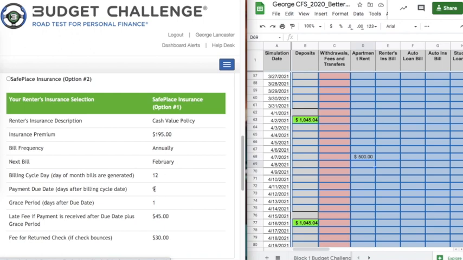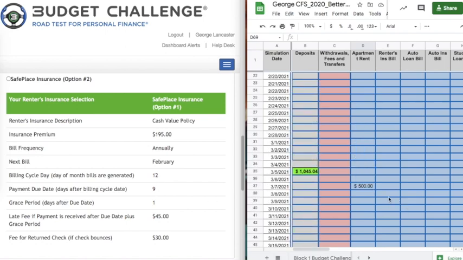It's due 9 days later. But it's an annual bill, so I'm only going to put it on my spreadsheet one time. I have to find the month it's due, the day it's due, how much time I have to pay, and put that in there. So if it's billed February 12th, due 9 days later, 12 plus 9 is 21.